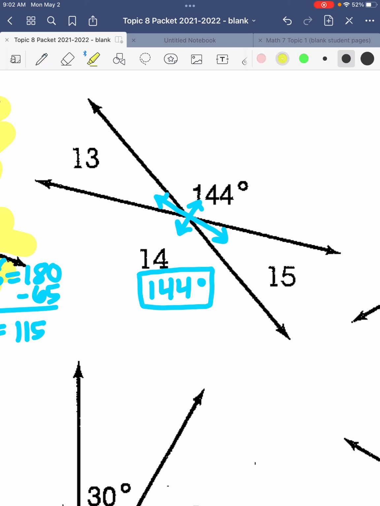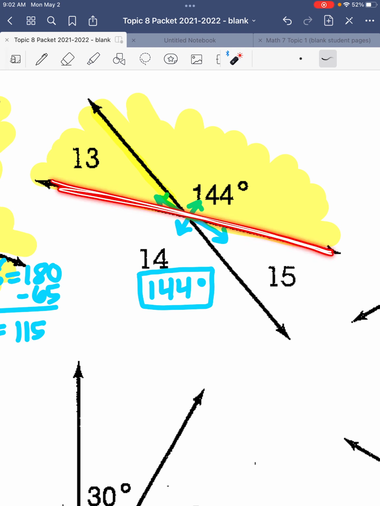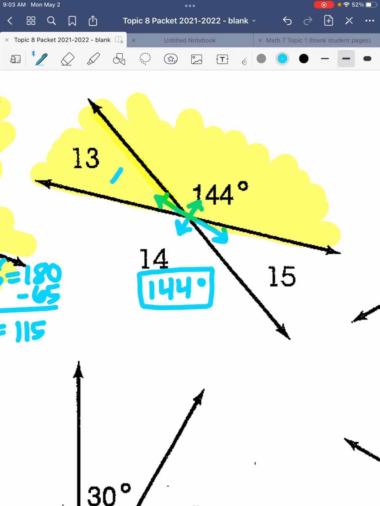So one thing I notice is that this 144 degree angle that was given to us right here, and then angle 13 right here that we don't know, together they make that straight line. So I know that together they add up to 180 degrees. So could I call angle 13 x and write an equation to solve for x? I sure could.